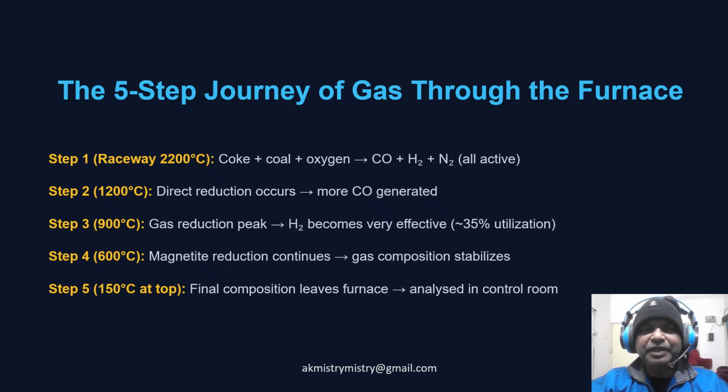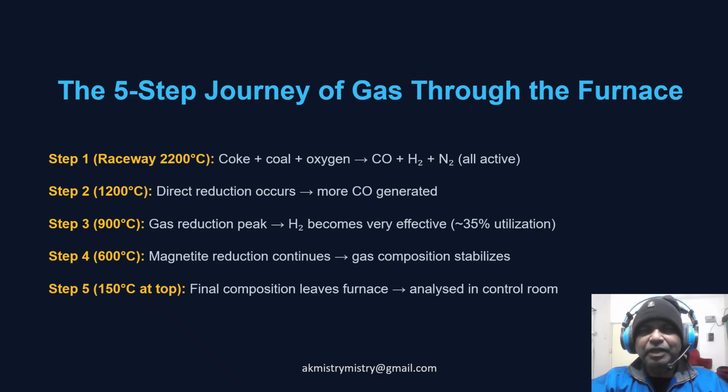Between 600 and 900 degrees, magnetite reduction continues and the gas composition starts stabilizing. Finally, near 150 degrees at the top, the gas leaves the furnace with its final composition, which we analyze in the control room.